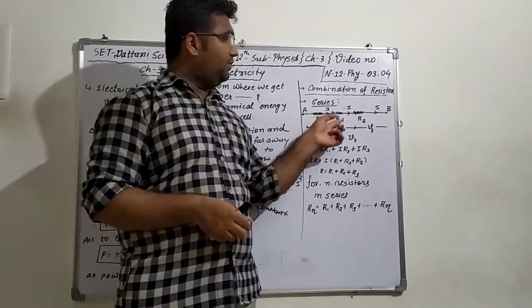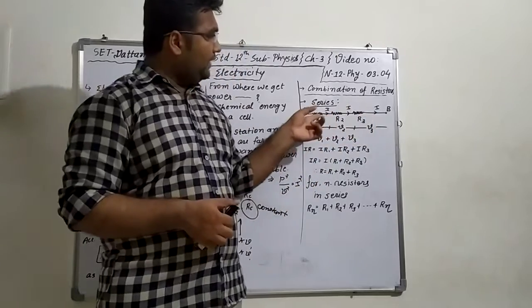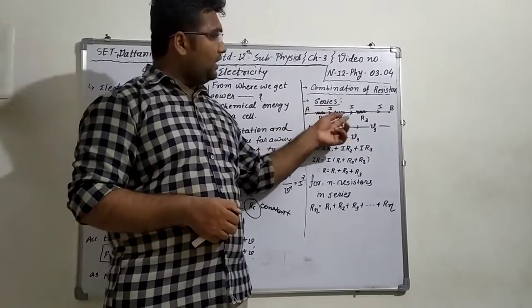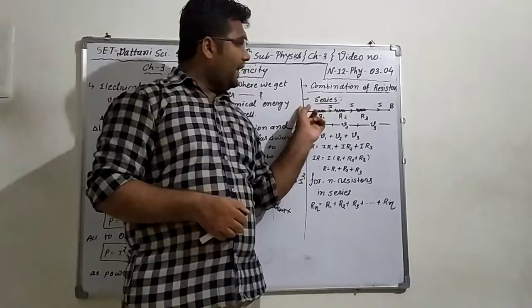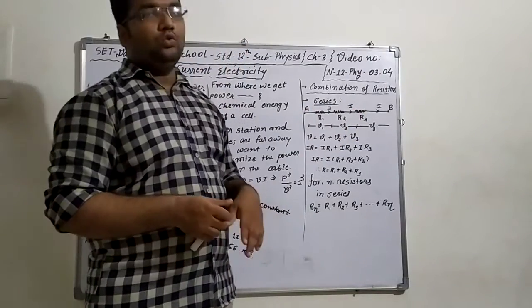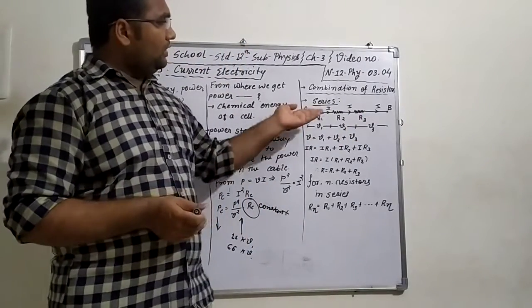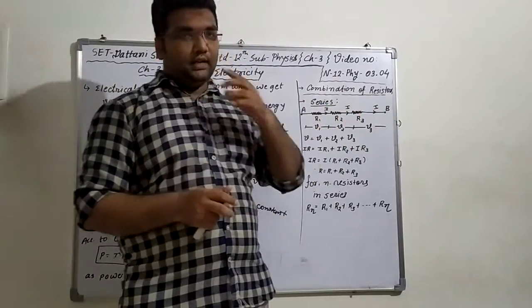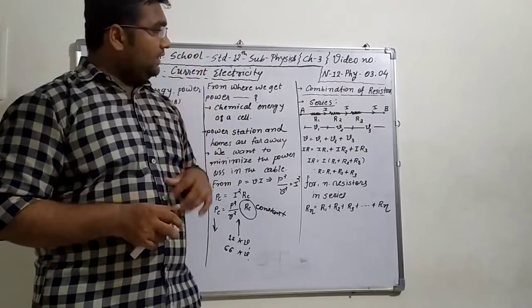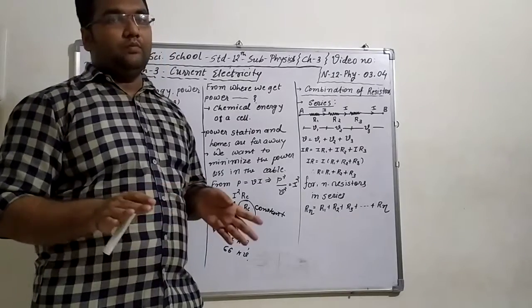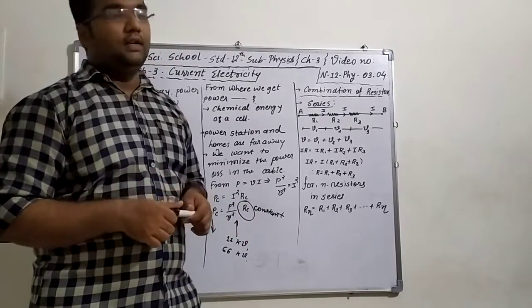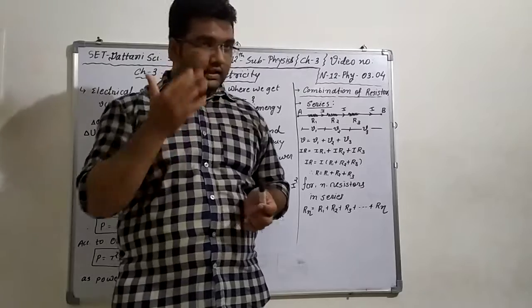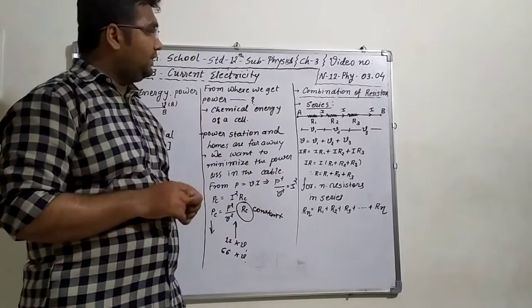Here we have connected three resistors. The values of resistance are R1, R2 and R3. I is the current passing through all the resistors. All the resistors have the same current I, so we can say that the current is the same through all the resistors in a series connection.